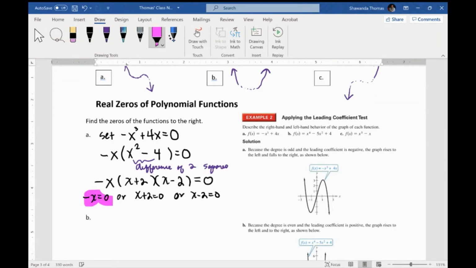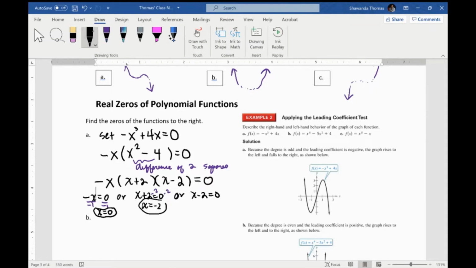Divide everything by -1. Okay. All right. Divide everything by -1. Very nice. So that gives us x equals 0. That's one of our zeros. Zero just happens to be the zero. All right. And then next, you'll get what when we subtract 2? x equals -2.